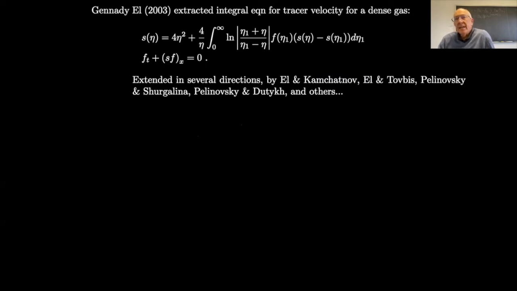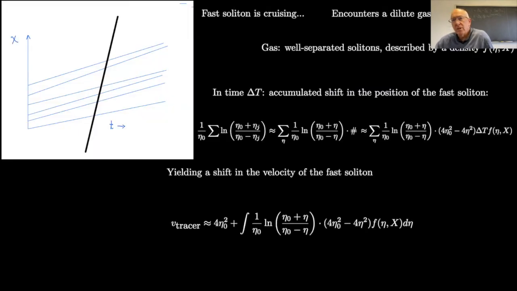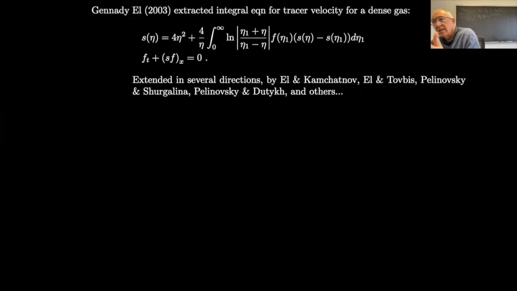And then he extracted this integral equation, which, as opposed to the previous equation at the bottom of this screen, is not just a formula for the velocity, right? The velocity doesn't appear on the right-hand side. This is an equation where S is the velocity of the tracer, and it appears on the right-hand side. So this equation is supposed to determine the velocity, and it couples the velocity to this kinetic equation.